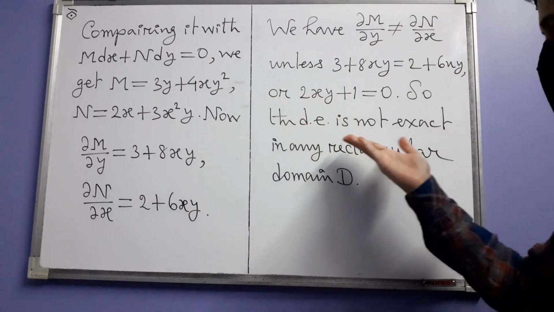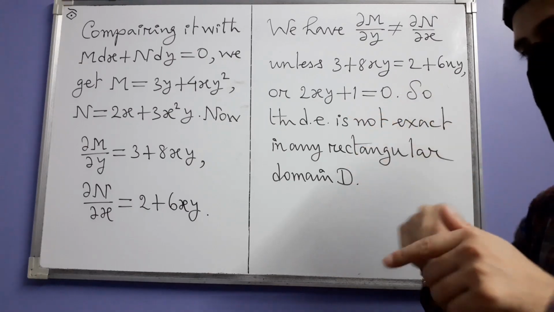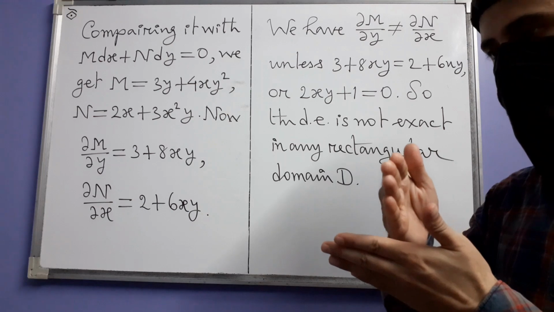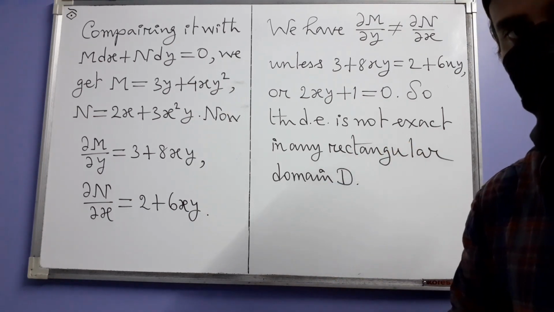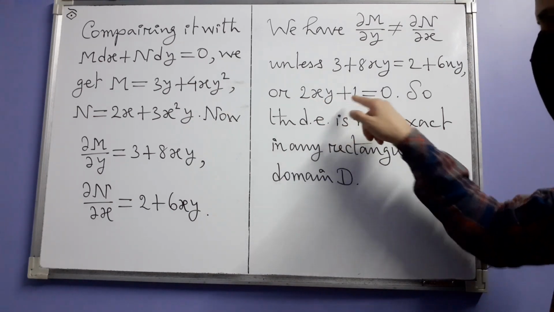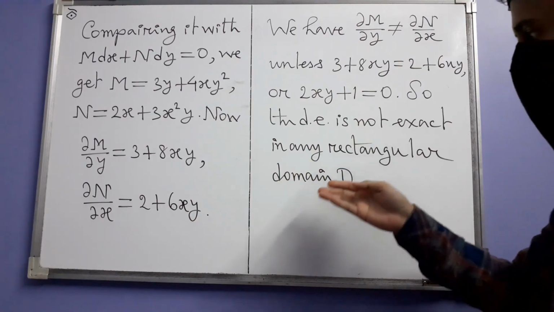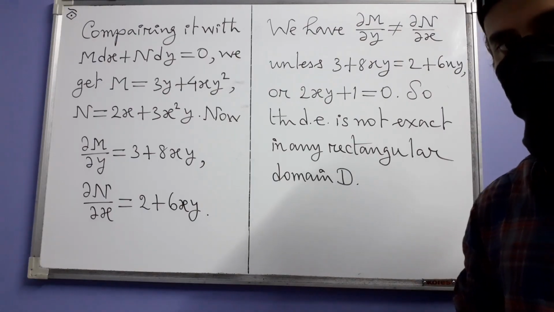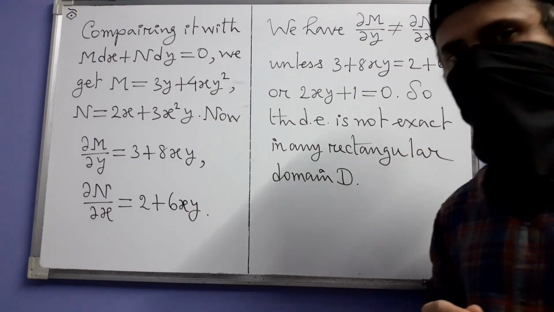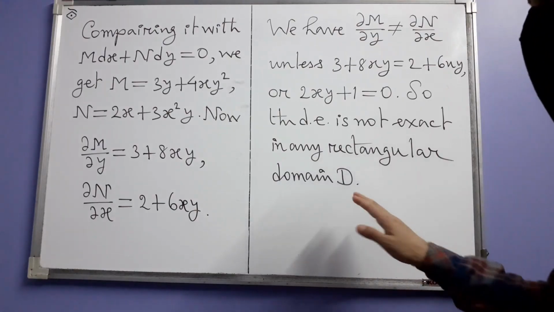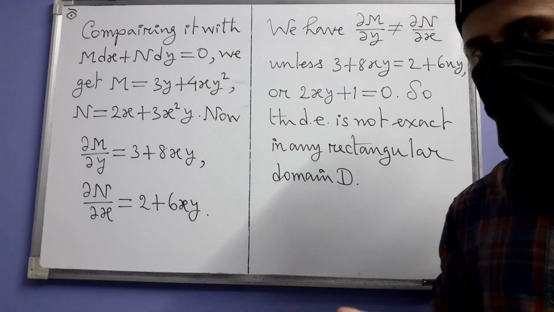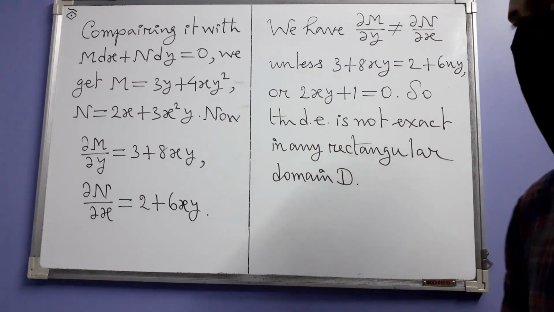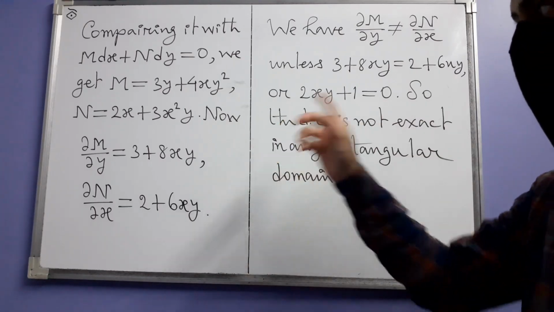But then the differential equation is not exact in any rectangular domain, which demands that we have exactness within the interior of a rectangle, because exactness is possible only at the points on a curve. So exactness is not there in any rectangular region, no matter how small you choose the region. And that's why we cannot apply either the standard method or the method of grouping to solve our differential equation. But what if we can multiply this equation?